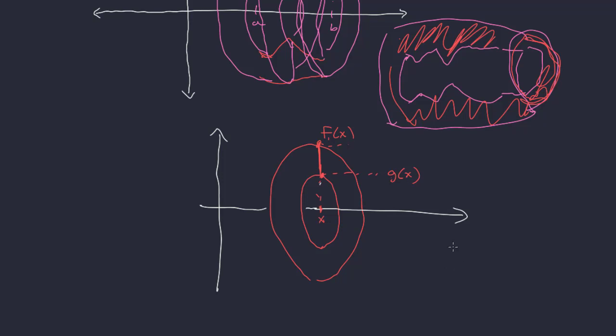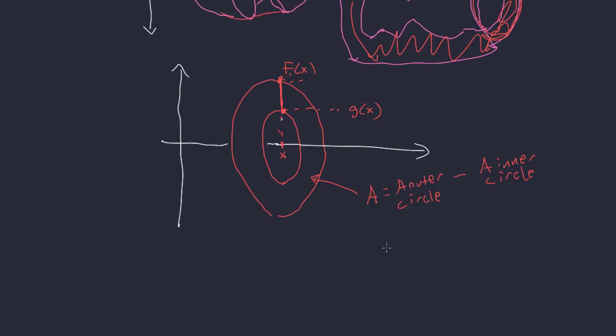Well, how we find the area of a washer is really just the area of the outer circle minus the area of the inner circle. Because all we do is take this big circle and subtract away the inner circle.